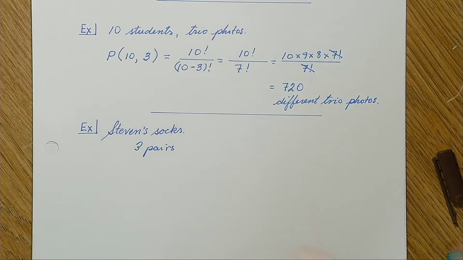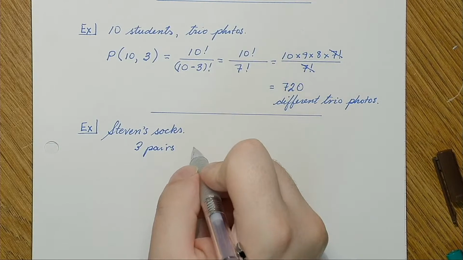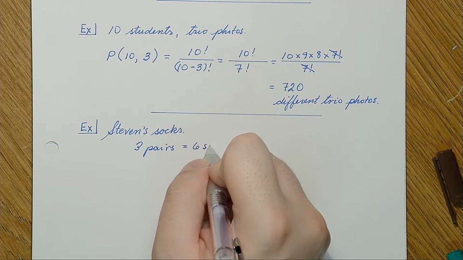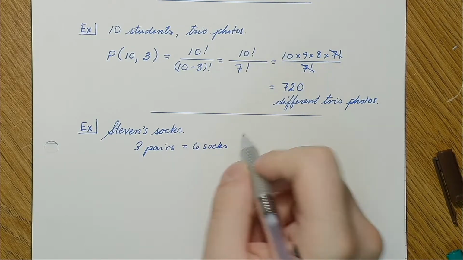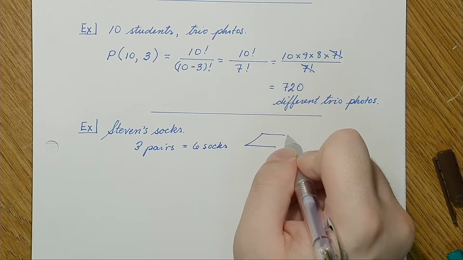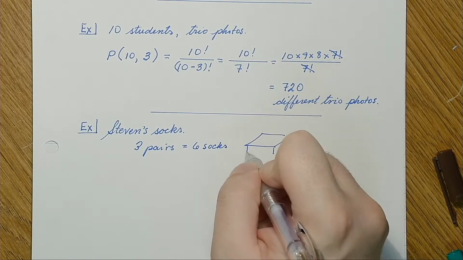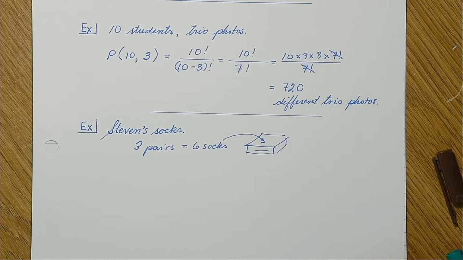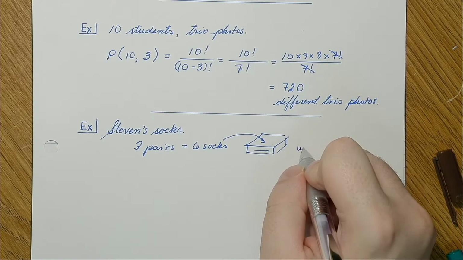And he didn't match them. He just threw them straight into the drawer. So there's 6 socks, and they just go into a drawer, just in there, and they're unmatched.